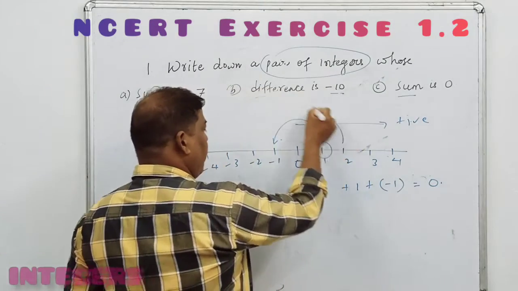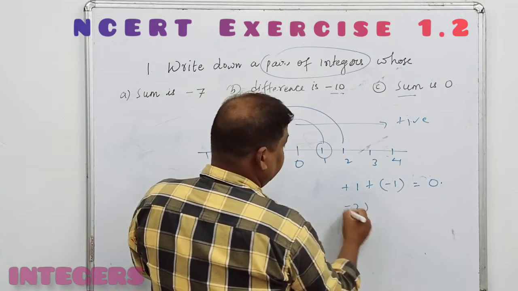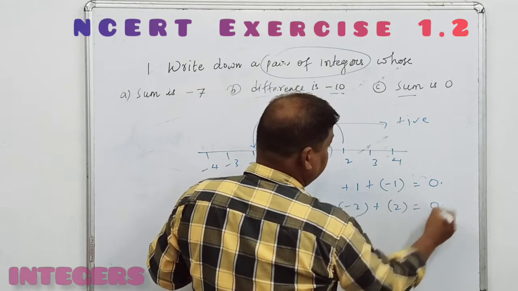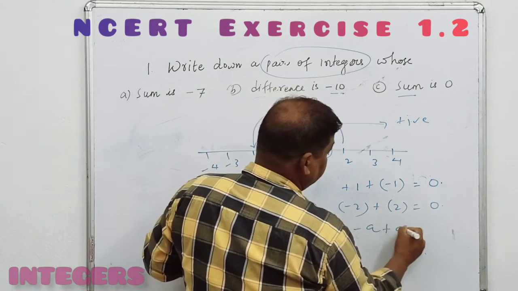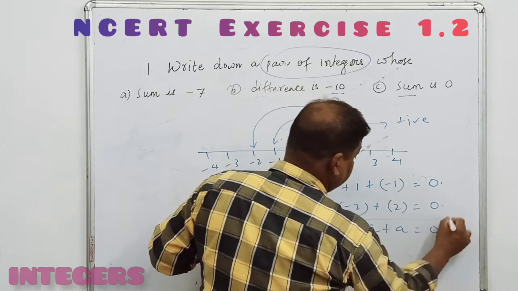The opposite of -2, so the sum of these two numbers, here is the negative integer -2, here is the positive integer +2, that will be 0. So that means -a plus a is the any integer, that is -a plus a will be that is 0.